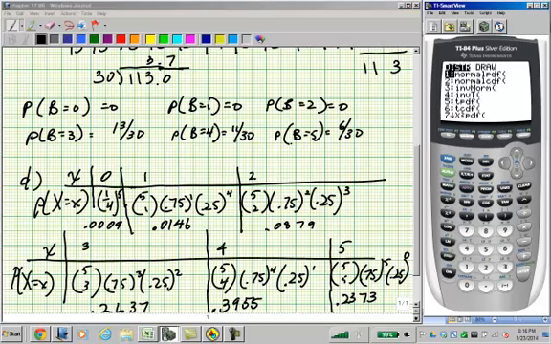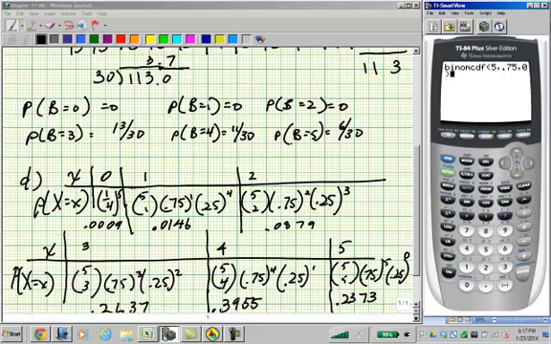Now let's review how I'm doing this on the calculator. That's second vars and binom CDF, and then I would put in n, which is 5, the probability of success, 0.75, and how many successes we're looking for. The first probability was 0, and I just used the complement, but let's use binom CDF: n, comma, 0.75, comma, 0.